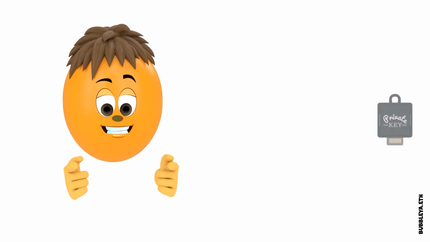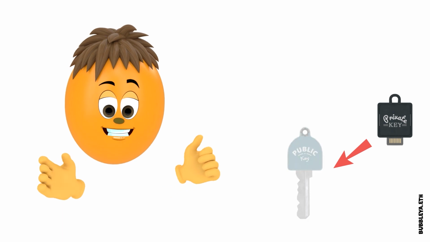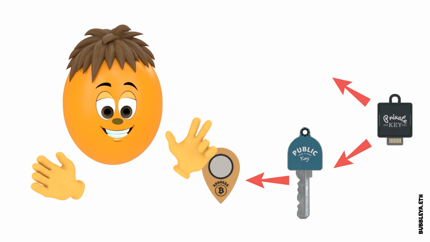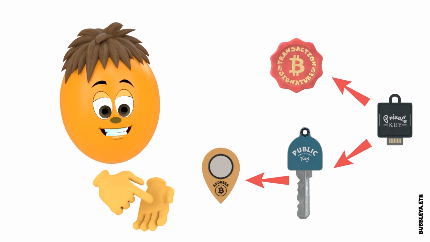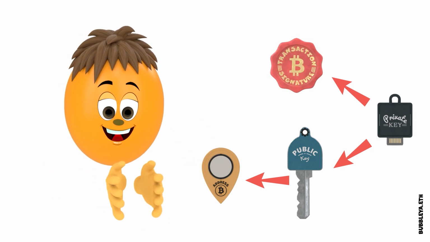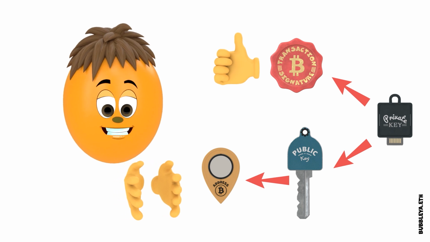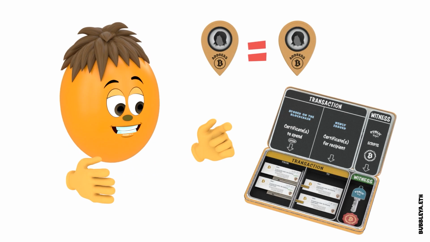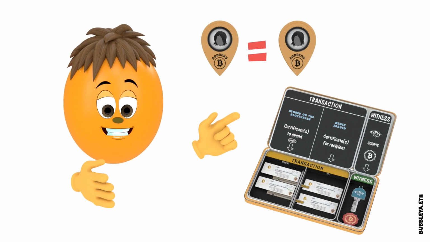Let's also recall that we used the private key to generate the public key and the Bitcoin address, as well as to create signatures. And that, at this point, the transaction has successfully undergone signature verification.